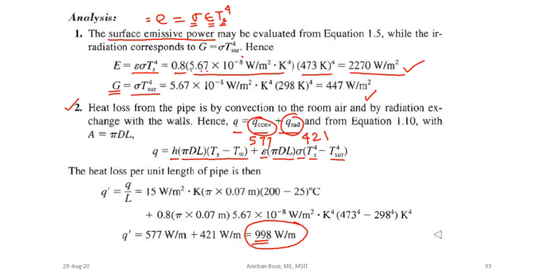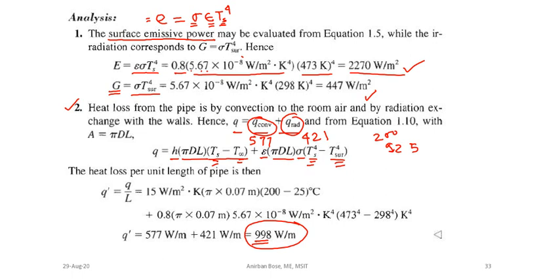Okay, the reason is that the temperature difference between Ts and T infinity is very large here. Say T infinity here is 25 and Ts was 200, so the difference is very large, and that is the reason the radiation component is also very high.